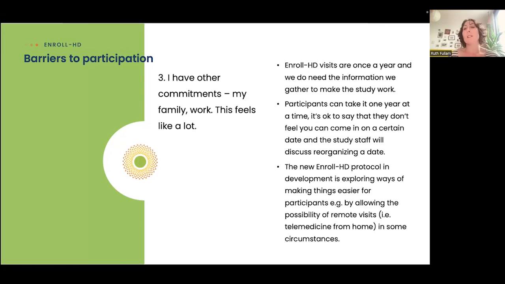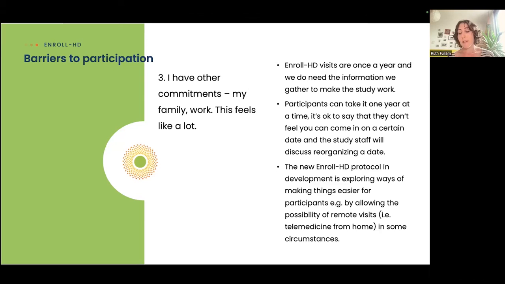Okay, so this younger group of people, they're not symptomatic, they're almost certainly working, they may have children that they're looking after, or even looking after their parents. And it can feel like a lot to commit to a study that asks you to come in every year.